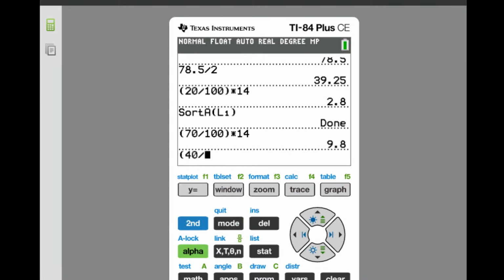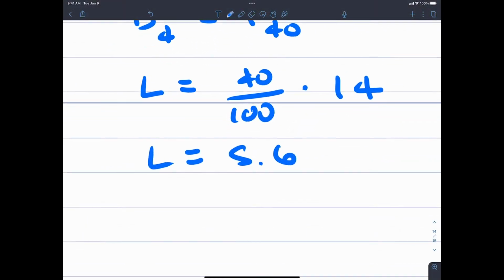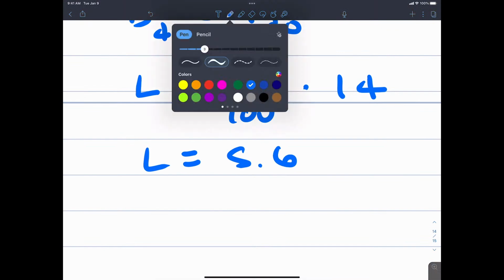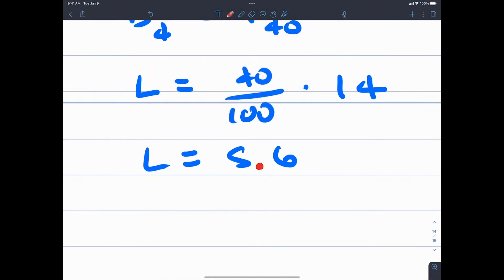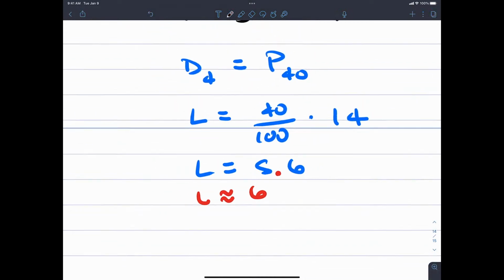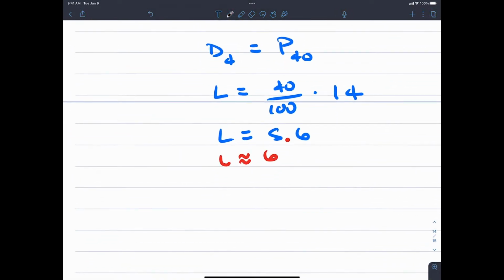40 divided by 100 times what number? 14. What do you guys get? What do you guys know about 5.6? Is that a decimal? Okay, what do you do when it's a decimal? Round up to the next whole number. So what do I have to look for now? The 6th data value in the sorted list.